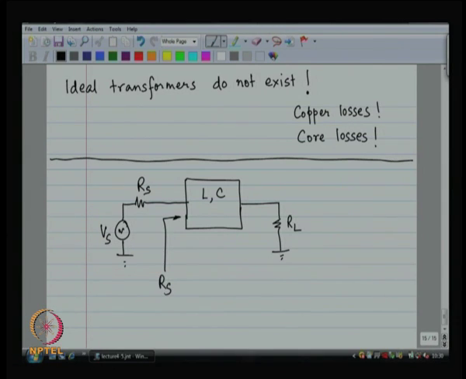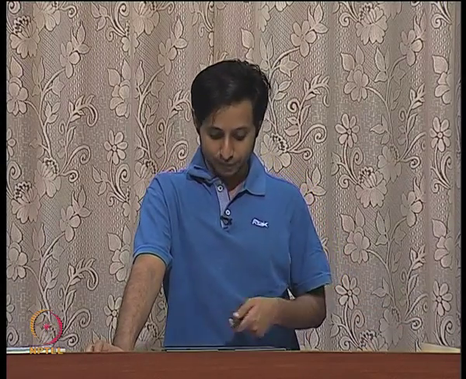Now, if I have a network which is made out of inductors and capacitors in front of a load resistance, is it possible to have the input impedance to be a resistor? It is not possible. Why not? Because there are frequencies at which the input impedance will be inductive, there are frequencies at which the input impedance will be capacitive, right.